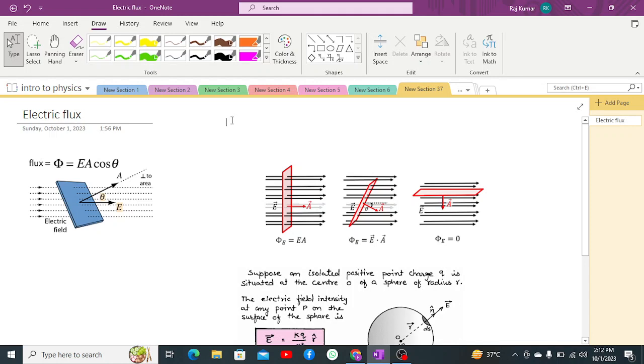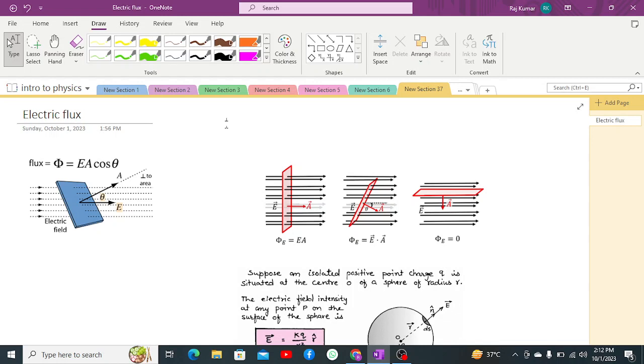The more electric field lines pass through the small element of vector area A, the stronger the electric flux is. The dot product of electric field intensity and a small element of vector area A can be considered to be electric flux.